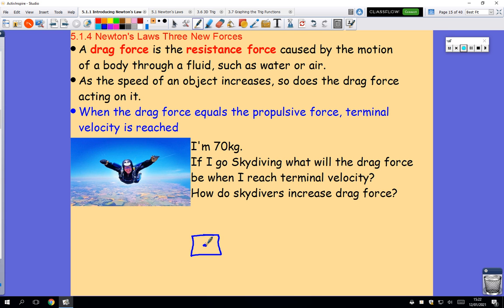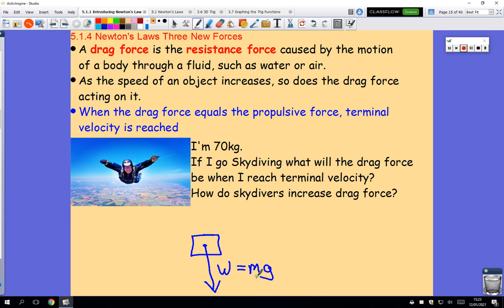Well, one force acting on me is the force exerted on me by gravity, which is called the weight. Your weight force is the force exerted on you by gravity. The force exerted on anything by gravity is its mass times little g, the acceleration due to gravity.